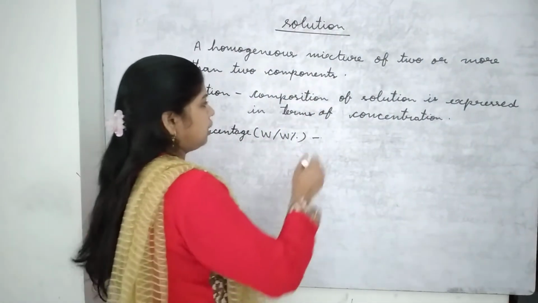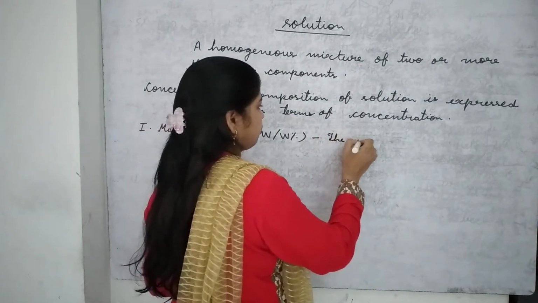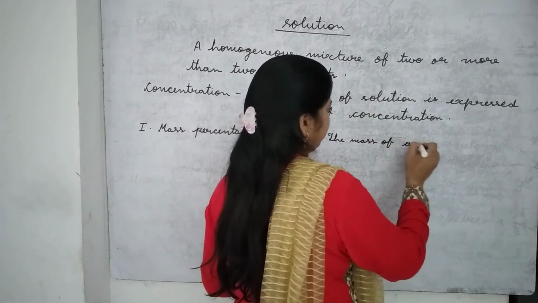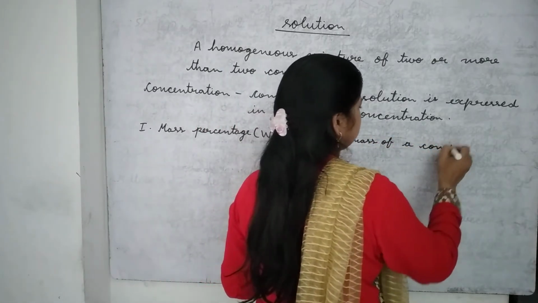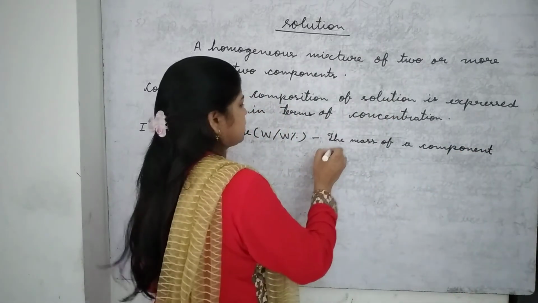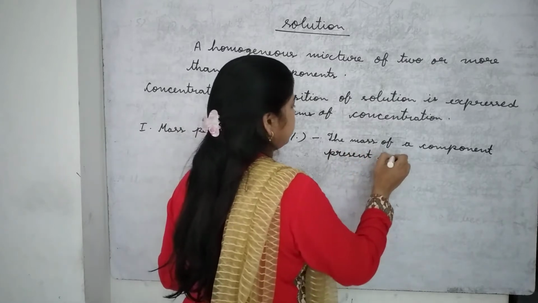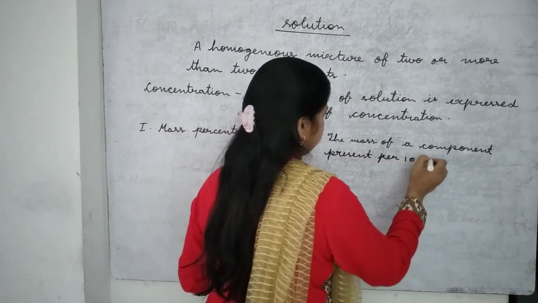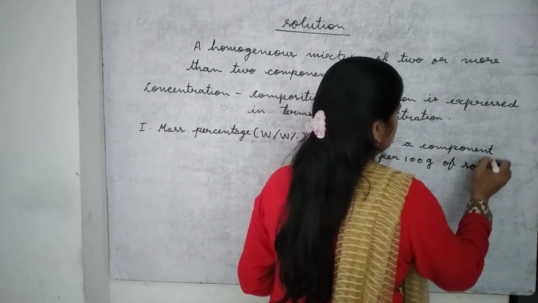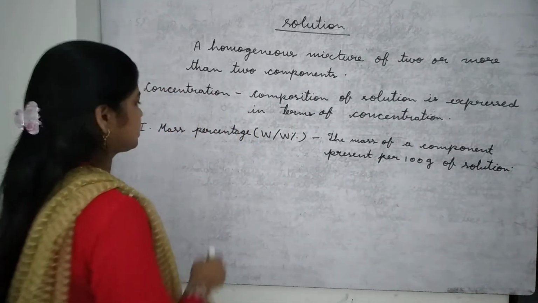So the mass of a component present per 100 gram of solution is called mass percentage.